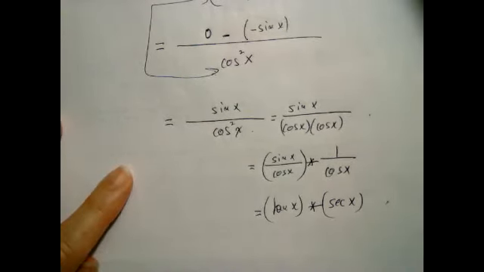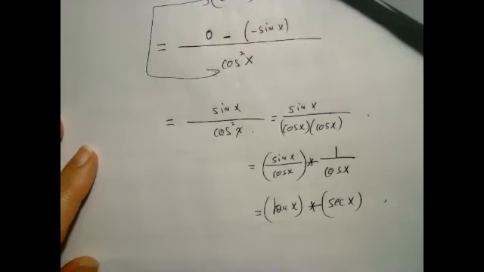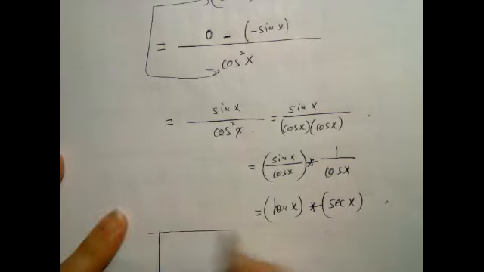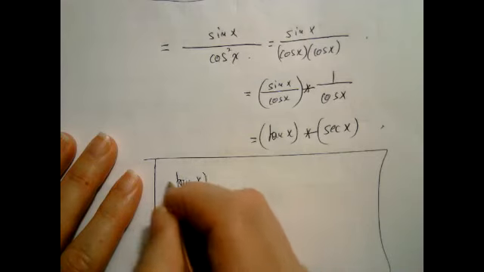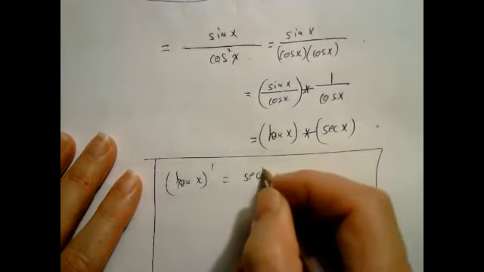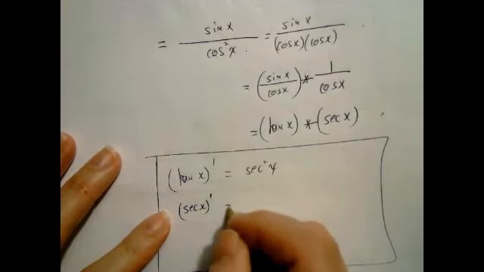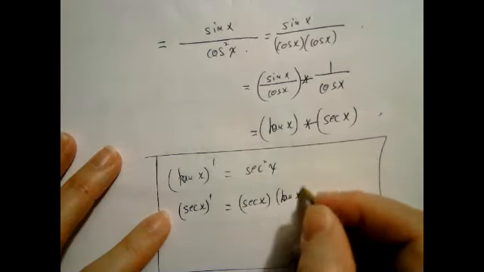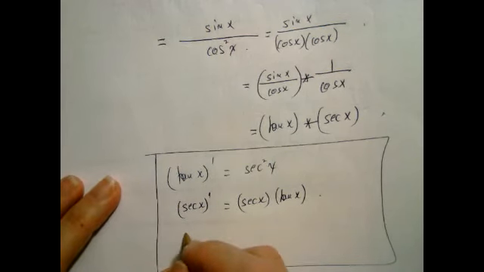So we have sine, cosine, tangent, secant. Okay, so I had a box here for those that you have to memorize. The derivative of tangent is secant square. The derivative of secant is secant tangent. And then we have the cosecant and the cotangent.